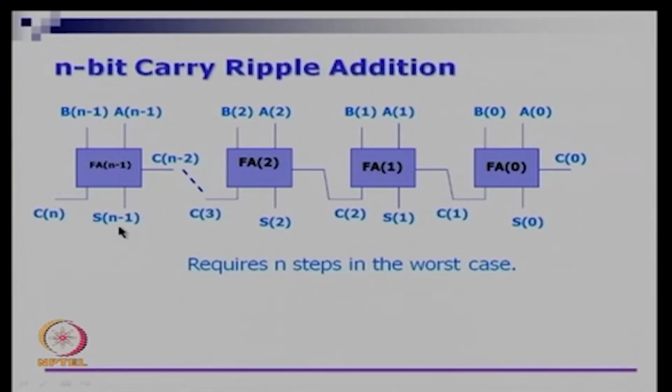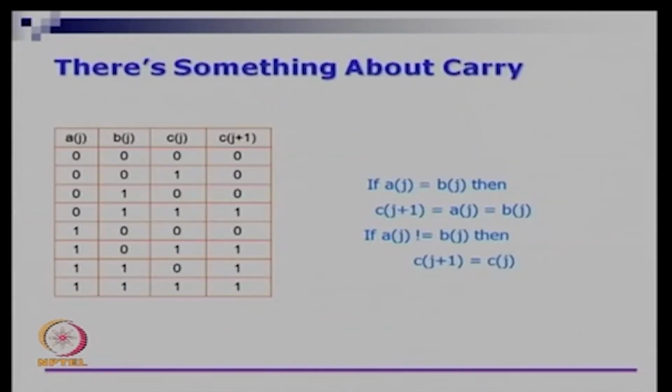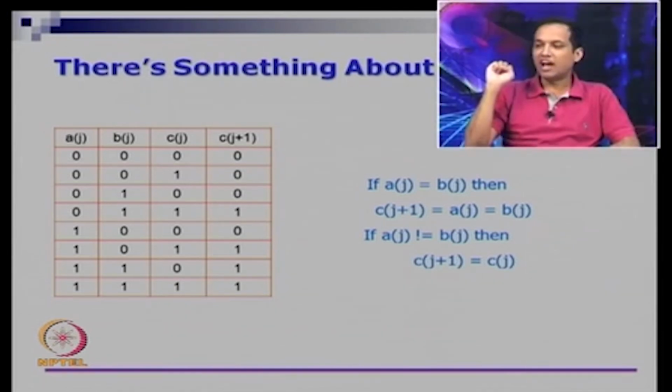We said that this requires a linear number of steps in the worst case, linear in the width of the addition itself. So let us look at a specific location j. I am picking one of the adder locations, let us call it j, and for a of j I want to look at what is happening to the carry, because sum is not a problem.